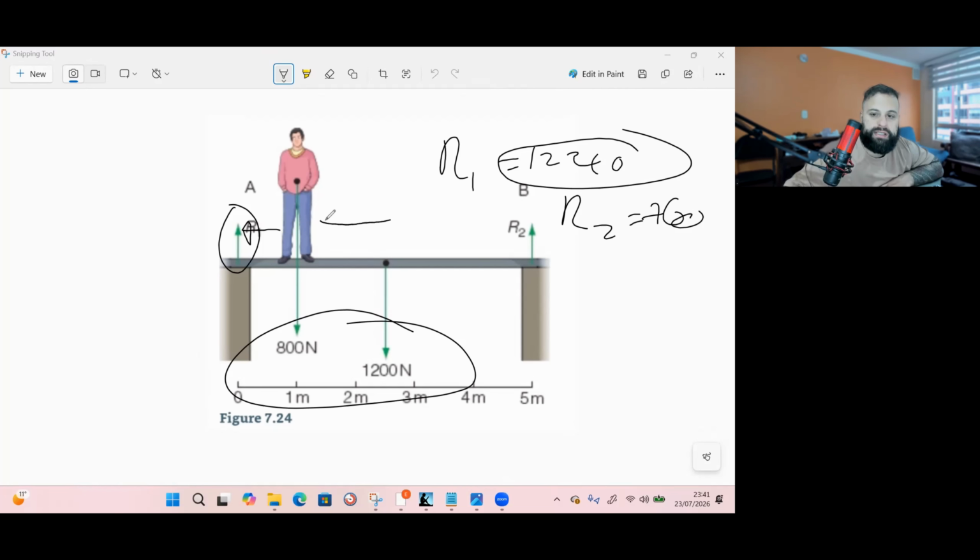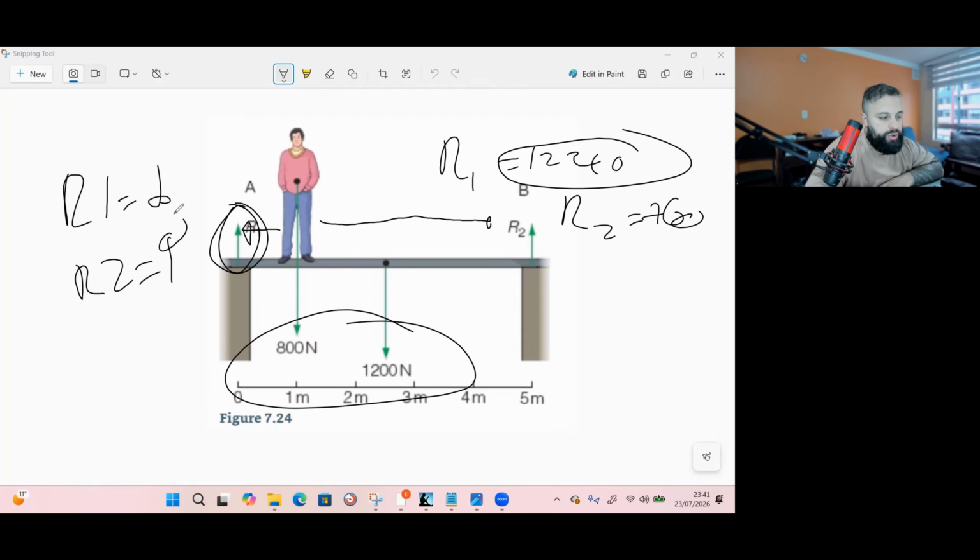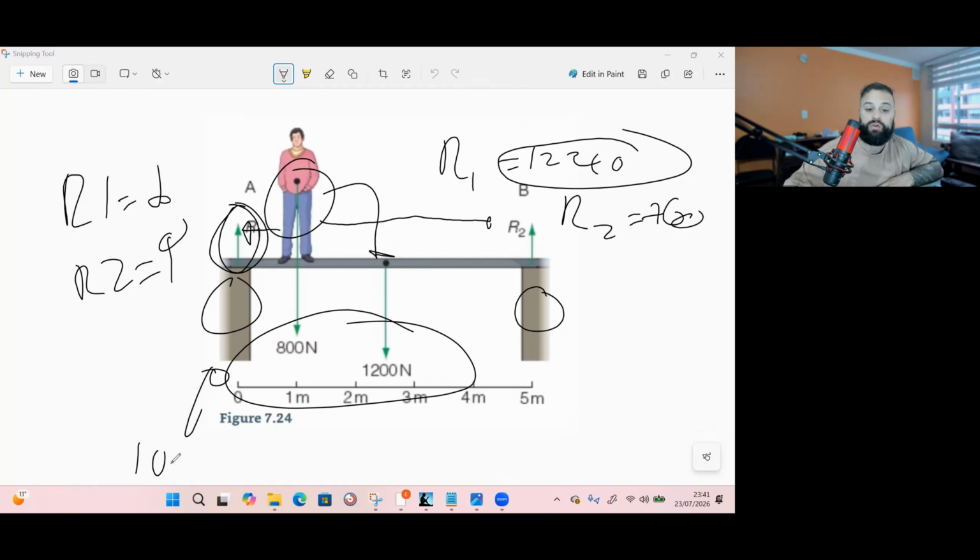If the person moves over there, the reaction force in R1 will begin to drop, whereas the reaction force in R2 will start to increase. When this person goes exactly in the middle, they will be balanced, and each one will carry 1,000 newtons.